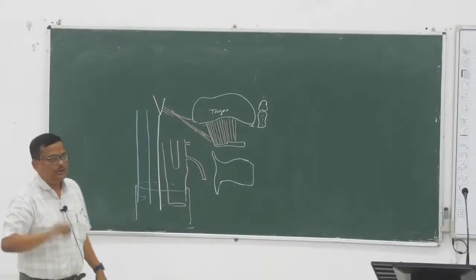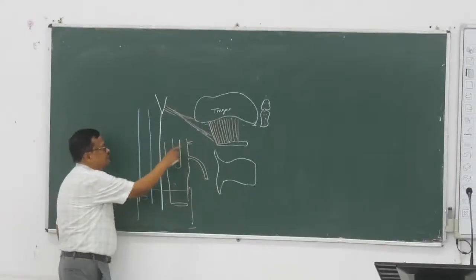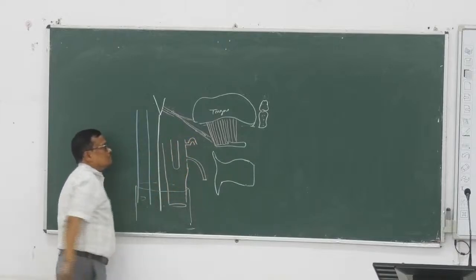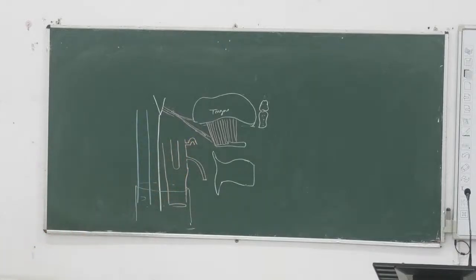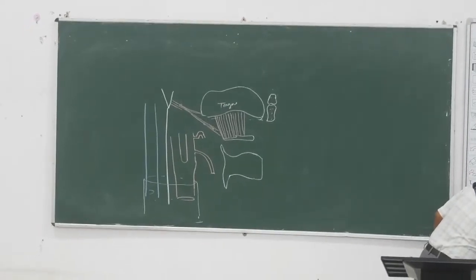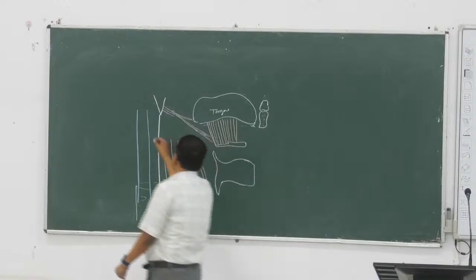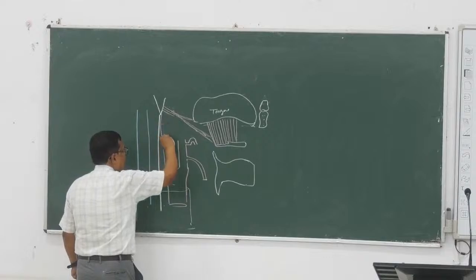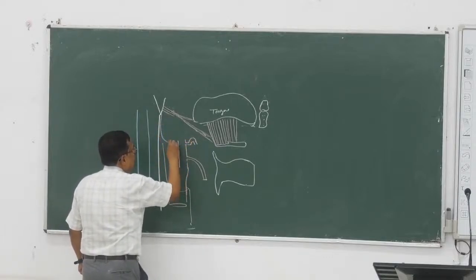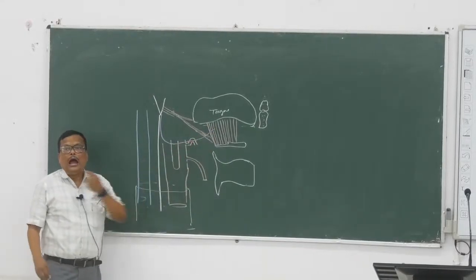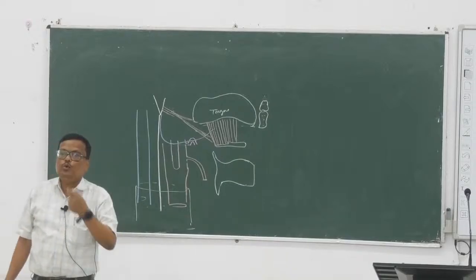Look very carefully. This is the artery. It makes a loop, and this loop is crossed by the hypoglossal nerve, the motor nerve of the tongue.